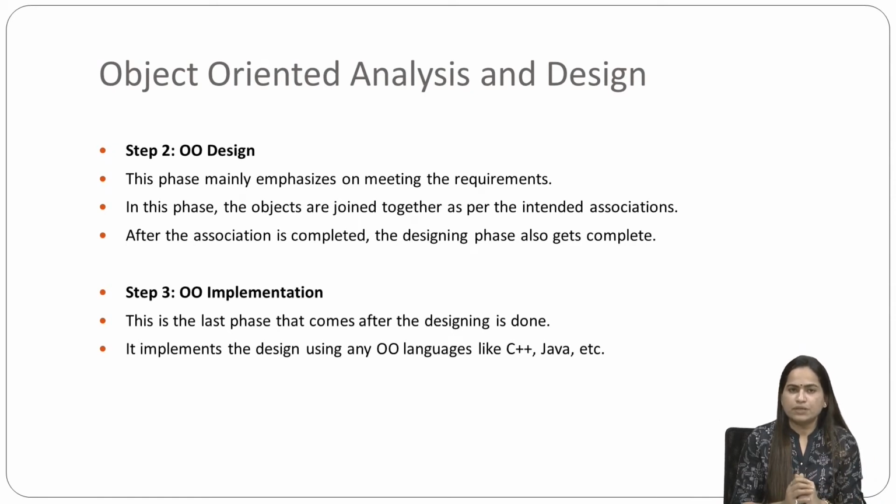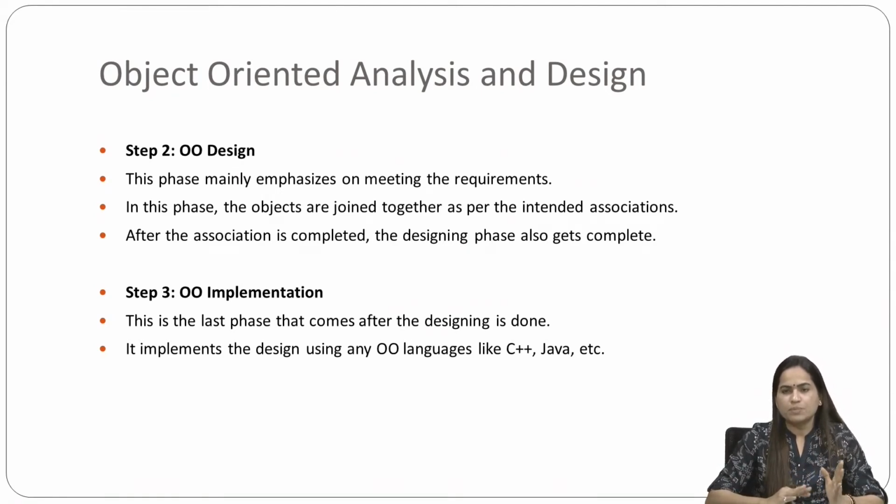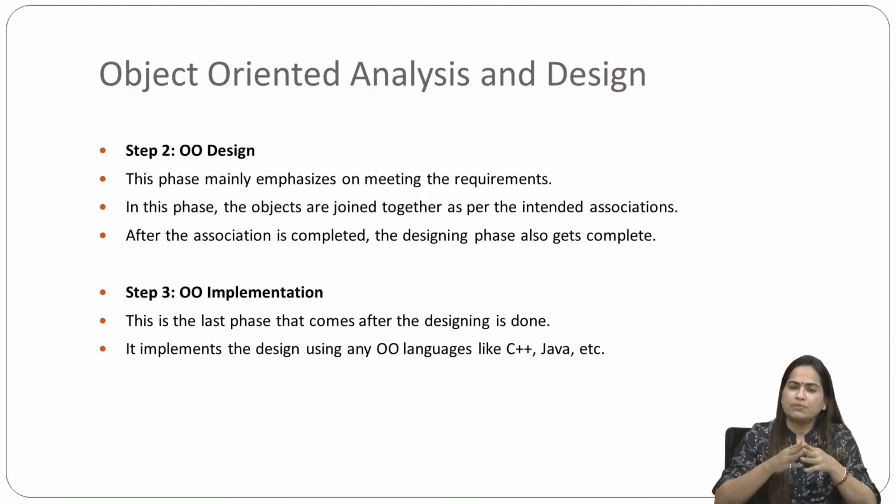Moving forward to the third step, that is object oriented implementation. This is the last phase that comes after the designing is done. It implements the design using any object-oriented language like C++, Java, or any other. So these three steps we have. First one, object-oriented analysis, in which we identify objects and their responsibilities.